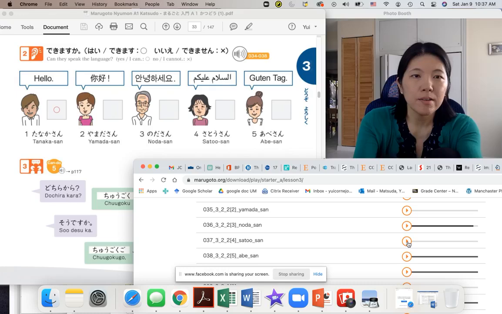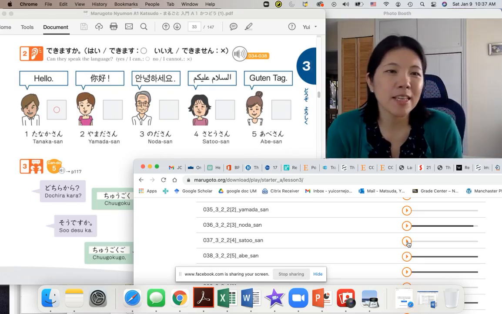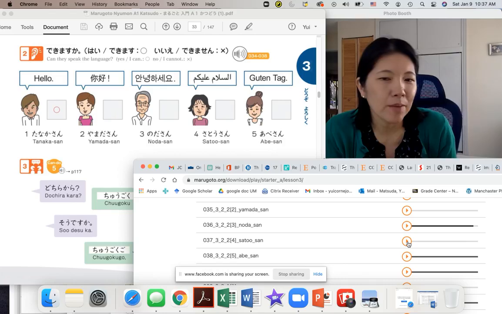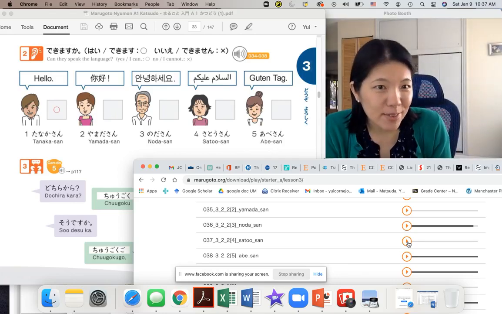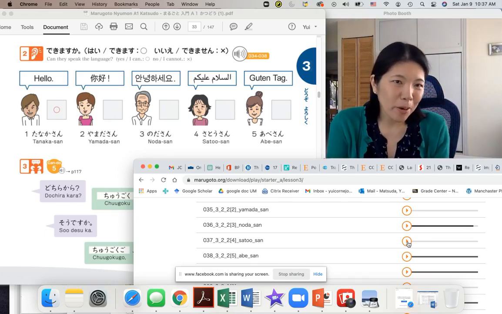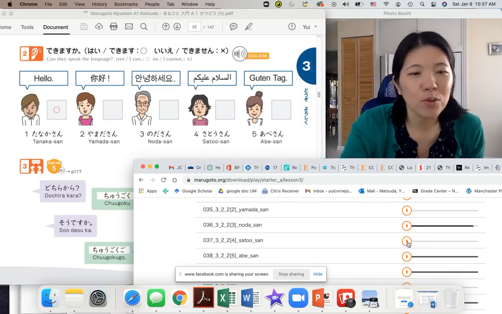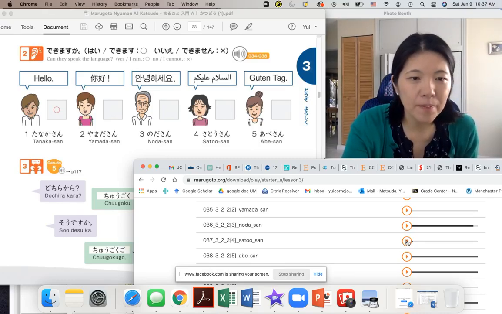So probably the key word is できません。Noda-san said いいえ、できません。Sato-san didn't say いいえ, but できません is a negative word, so I can't. From that, we can say she can't speak Arabic, but let's look at it one by one.